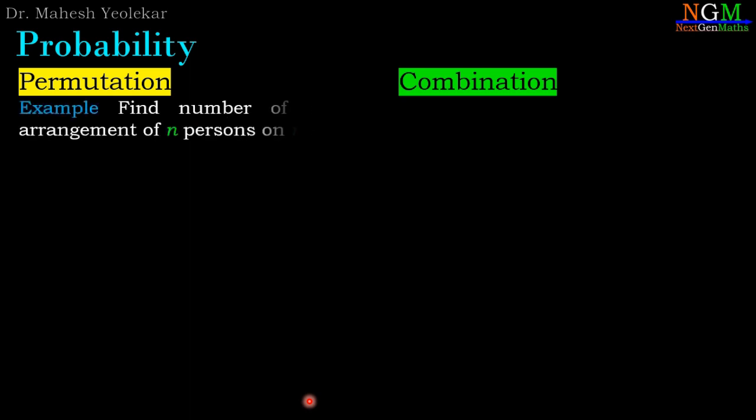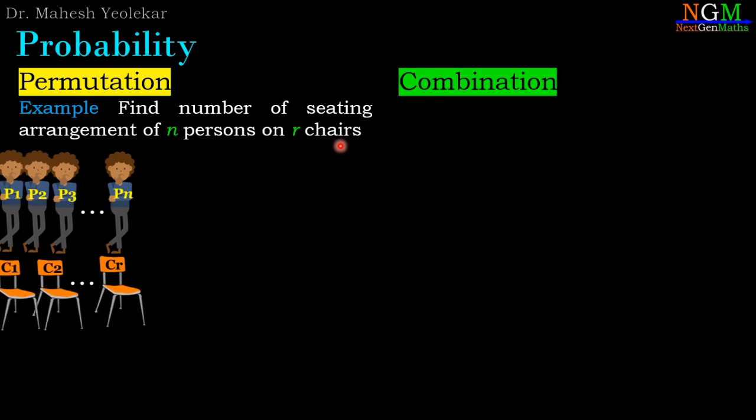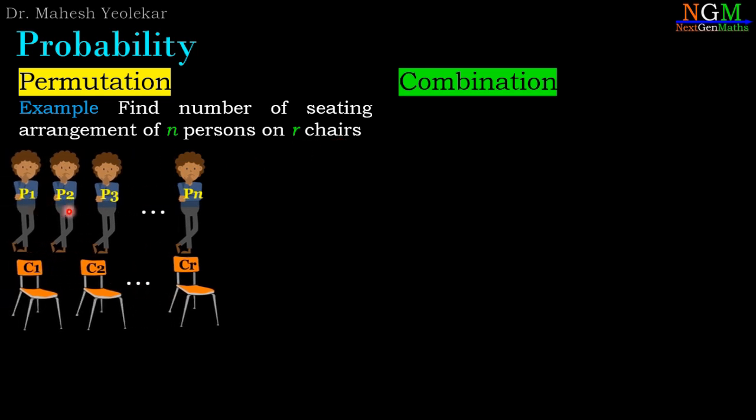If we extend this concept to n persons on r chairs, that means we are given n persons P1, P2, up to Pn and r chairs C1, C2, up to Cr. For the first chair, we have n options for allocation. For the second chair, we have only n minus 1 options, because when a person sits on the first chair, that person cannot sit on the second chair.